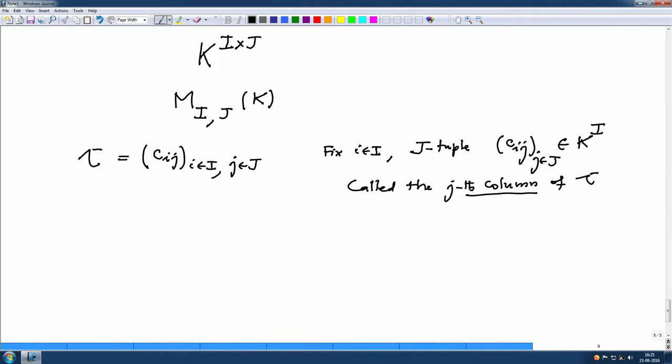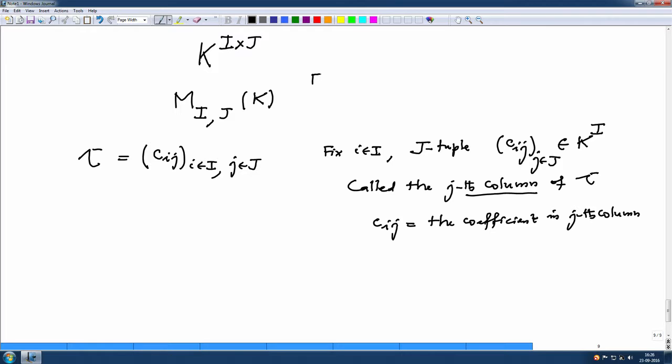And remember the way we have defined the matrix of a linear map, if it is coming from a linear map, then only finitely many entries could be non-zero for a column. So therefore Cij is the coefficient in the jth column, and similarly I should have defined the row.